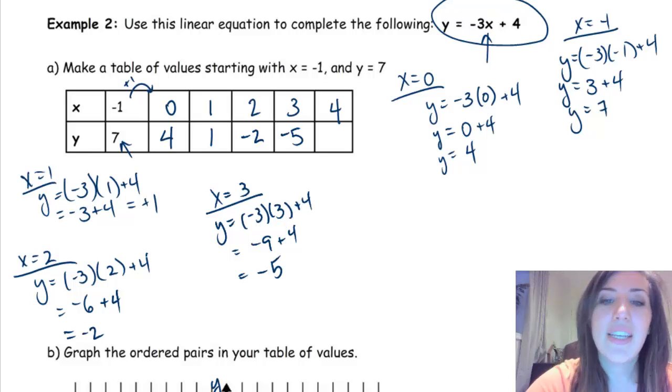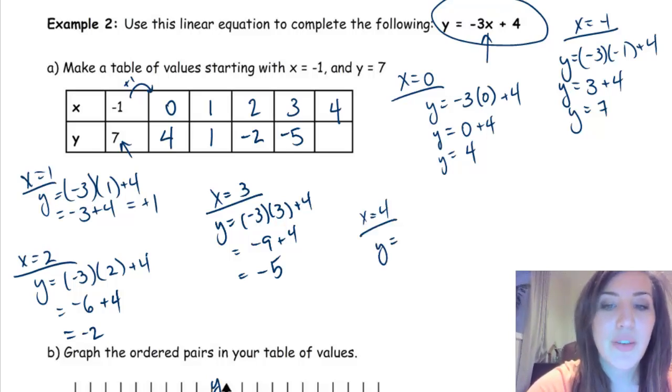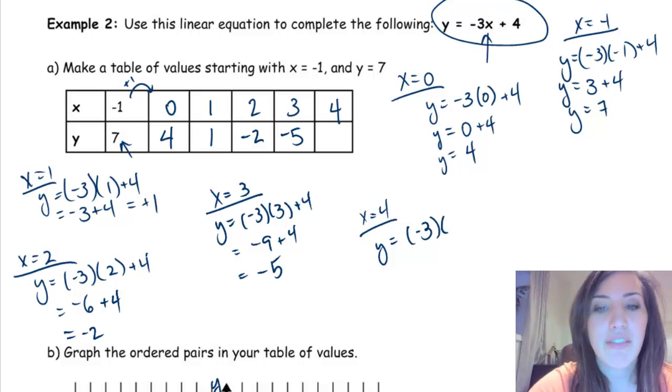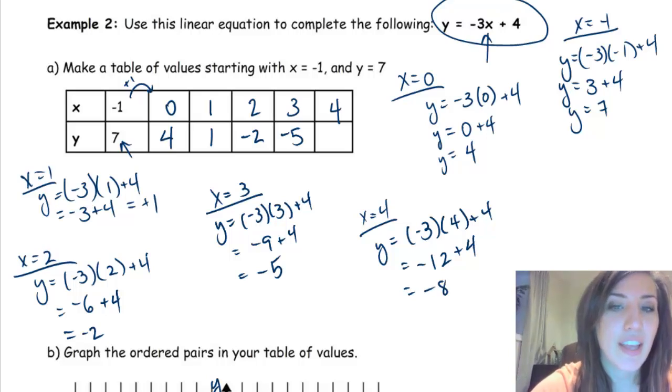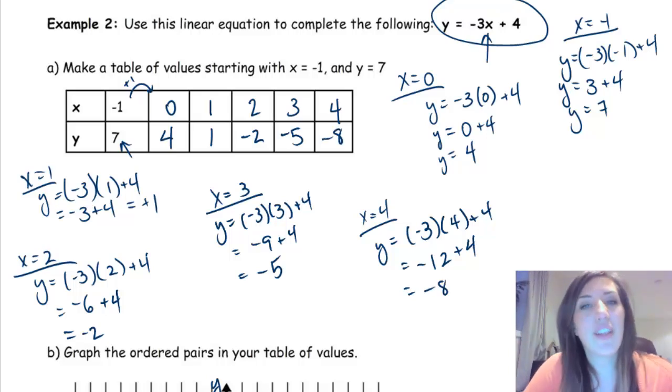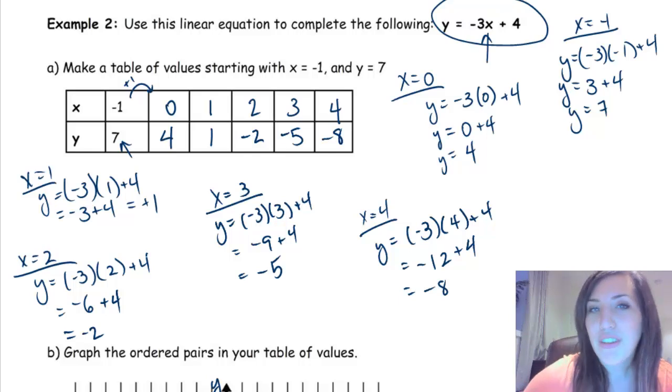And last but not least, when x equals 4, then we plug in our equation. We know this part, but instead of x, we write 4, plus 4. -3 times 4 is -12, plus 4 gives us a value of -8. So that's how you fill out a table of values when you're given an equation.